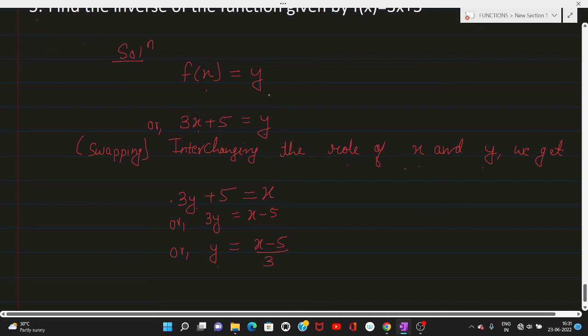I repeat, before interchanging, y was representing f(x). After interchanging, y will represent f inverse x. So therefore f inverse x is equal to (x minus 5) over 3. So this is our answer for this question. I hope this is also clear.